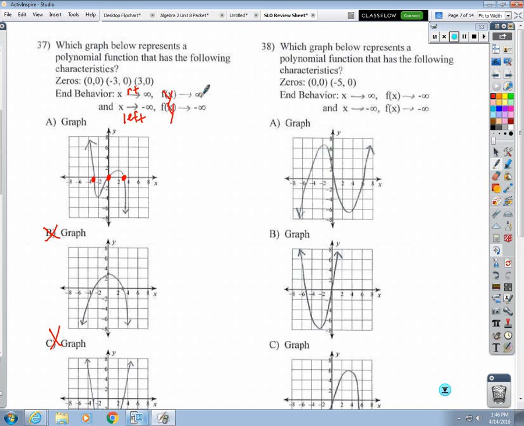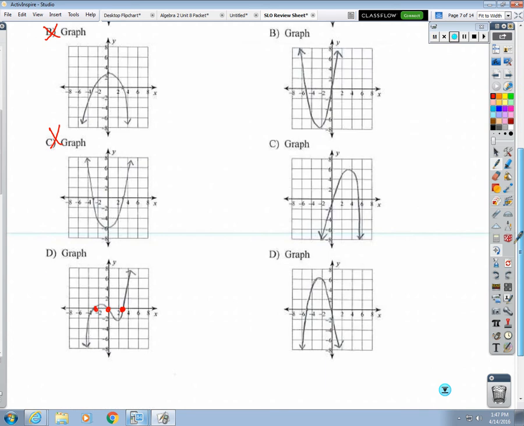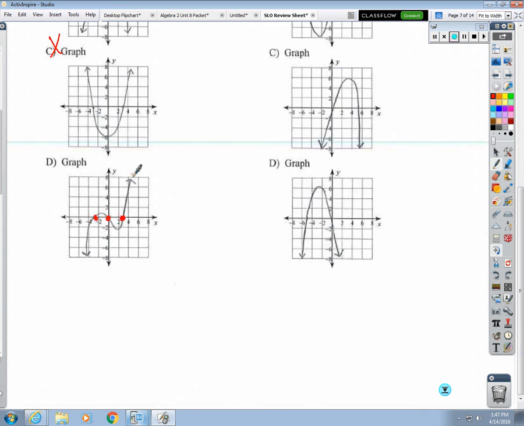Y approaches infinity would be what direction? Up. Y approaches negative infinity would be down. So they want you to pick the graph that as it goes right, it also goes up, and as it goes left, it goes down. D does that. See, right side up, left side down. Okay, next page.